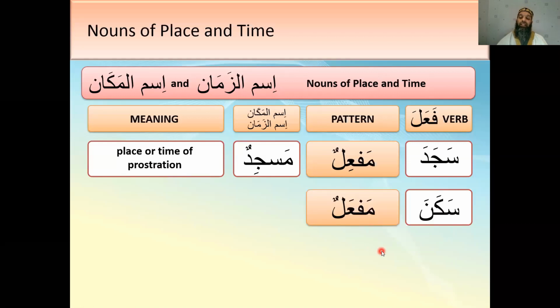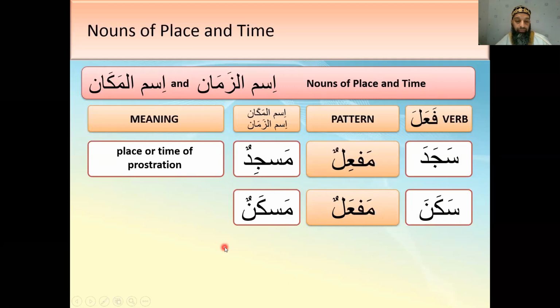So sakana goes into the maf'alun pattern. So maf'ilun for sajada, for sakana is maf'alun. So put sakana into the maf'alun machine, what do you get? Maskanun. And what is maskanun?